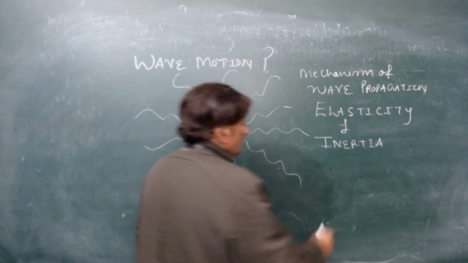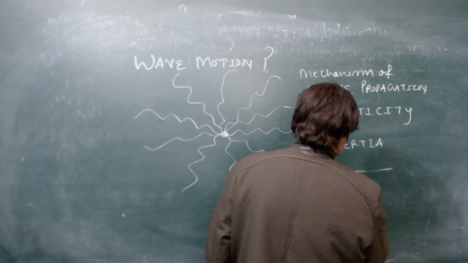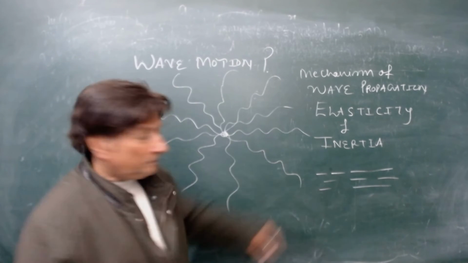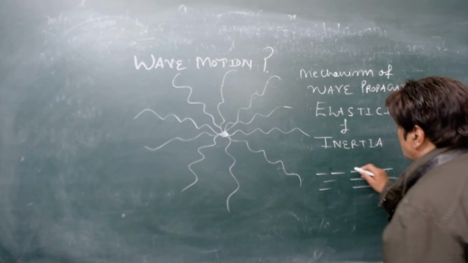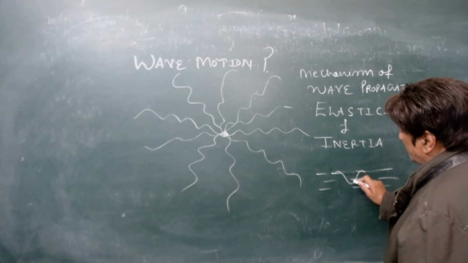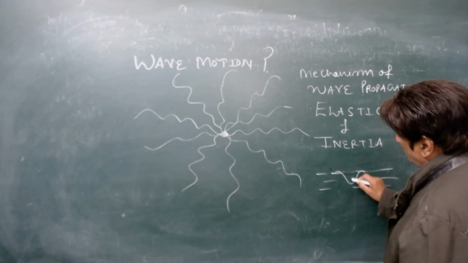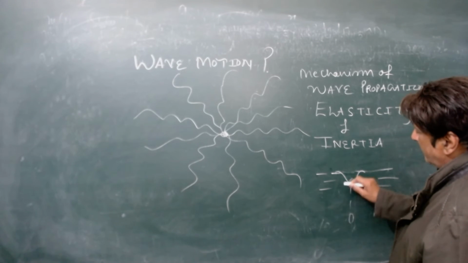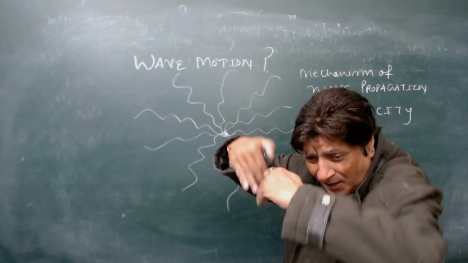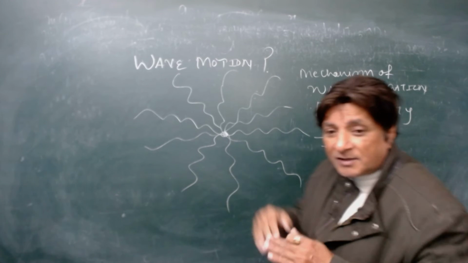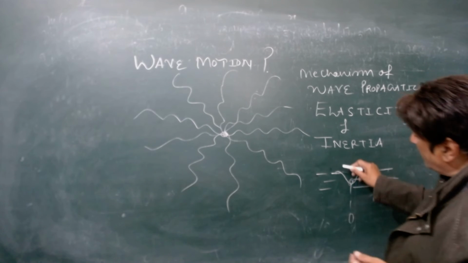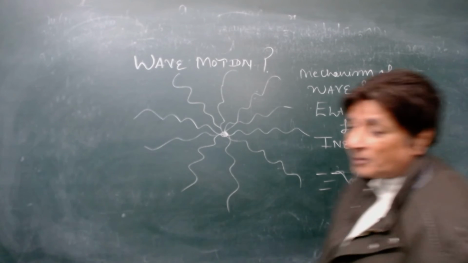This is a plane water surface. When you throw a stone, it becomes like this. A cavity is created. The stone is sinking down, and the cavity is created. So when the cavity is created, what happens?